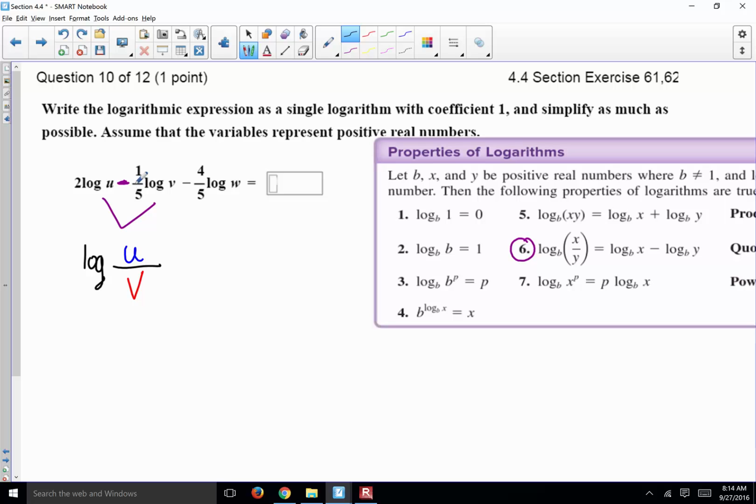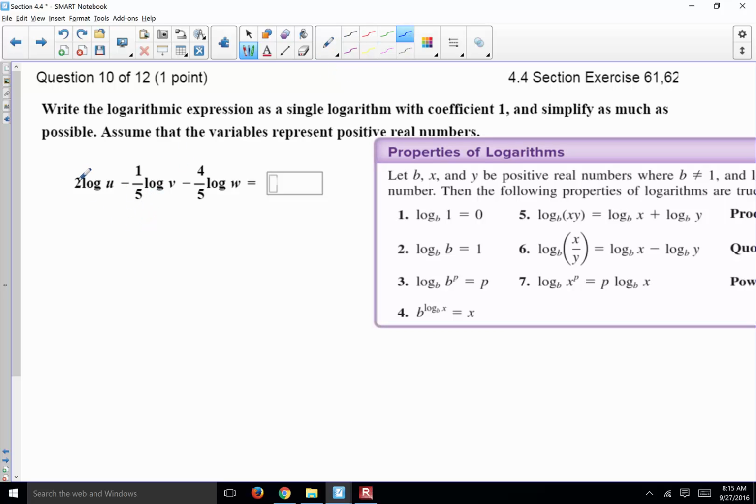And what do I do with 2 and 1 over 5? We cannot combine these because they don't have the same coefficients. What shall we do with 2 and 1 over 5? Are we going to subtract them here? No, this is nonsense. So before you combine subtractions and additions, make sure they do not have any numbers in front.